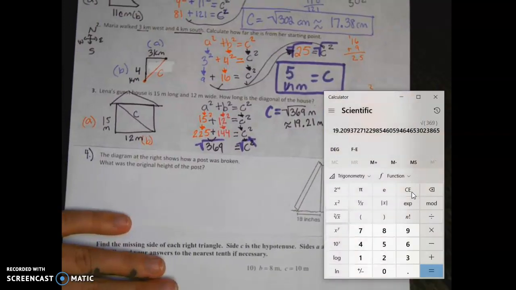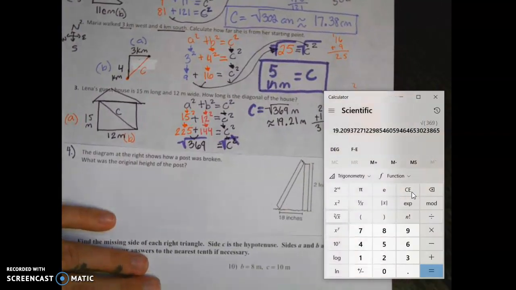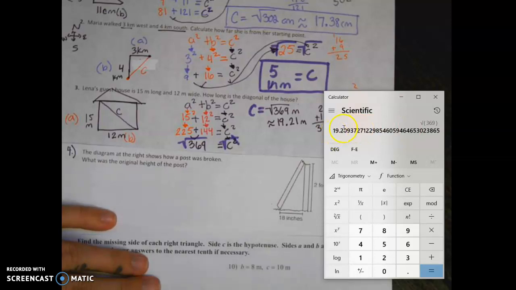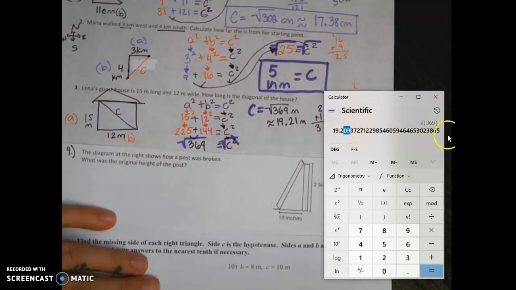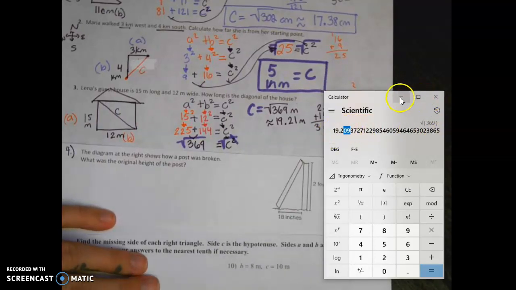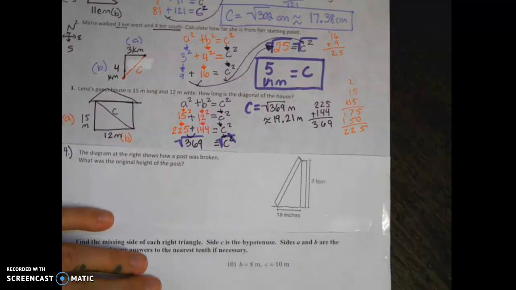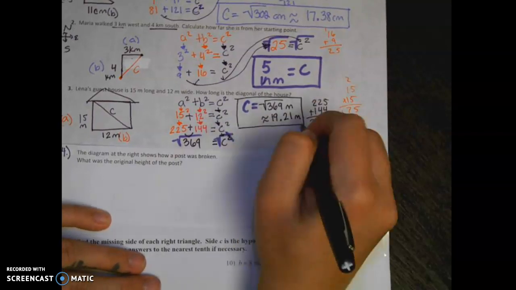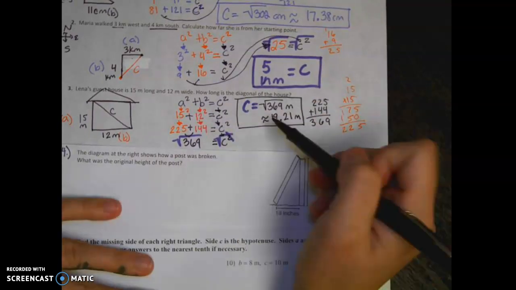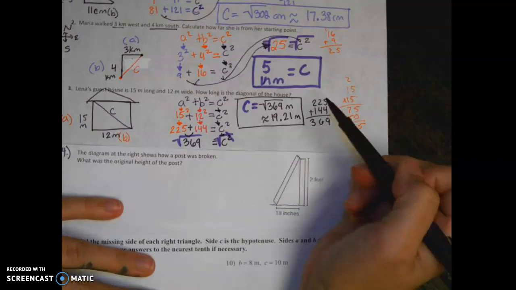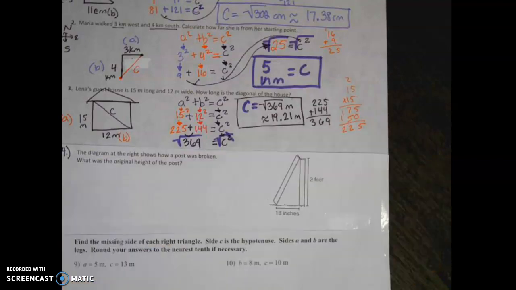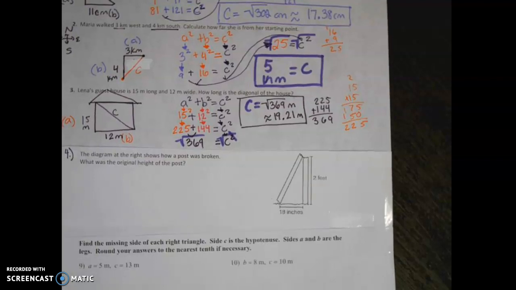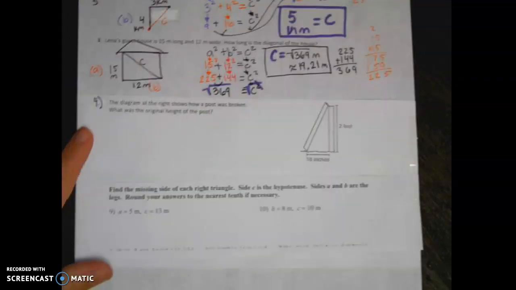Now I rounded, as you can see from the calculator, it says that it is 19.209. So the 9 is going to make the 0 go up by 1. So I'll leave it as the square root of 369, or approximately, that's what this little squiggly equal sign means, 19.21 meters.